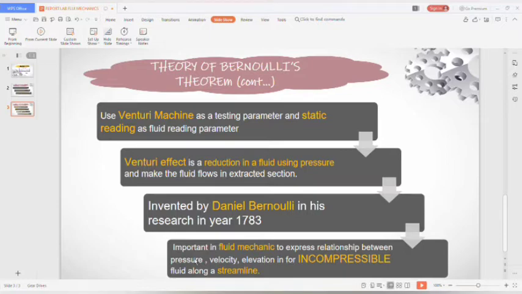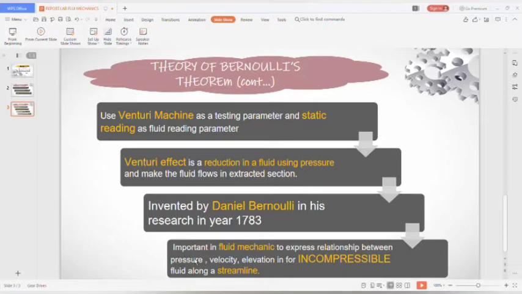So when the Venturi machine stops working, we take the result using the static reading on the side of the bulb manometer, and we read and jot down the result in our lab report.